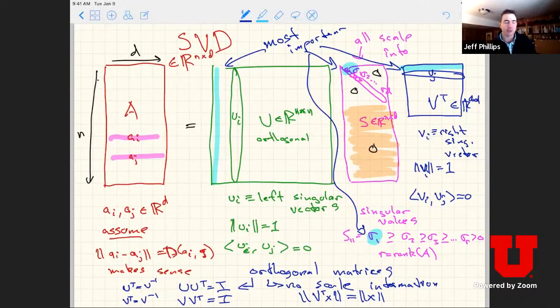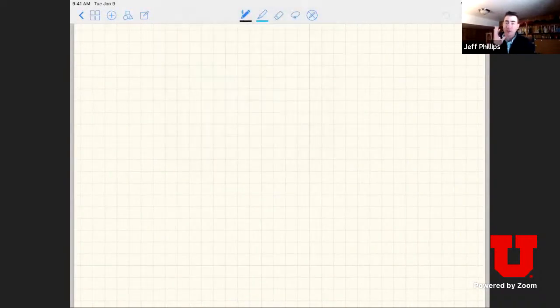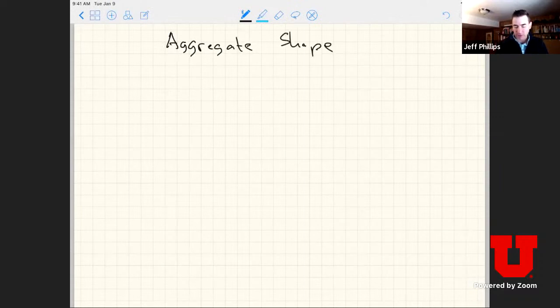So let me try and provide a different way of thinking about this. I'm going to provide a couple of different ways to try and conceptualize what's going on, probably a few. The first one is geometric, so I'm going to give you a geometric picture. I like to think of something like an aggregate shape of the matrix.